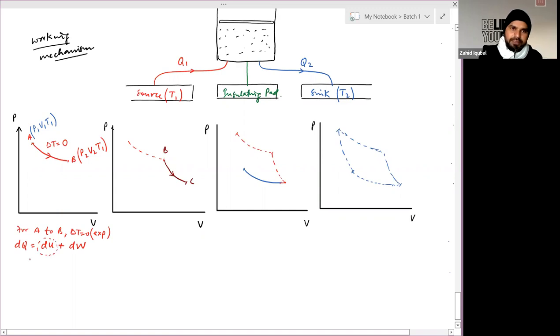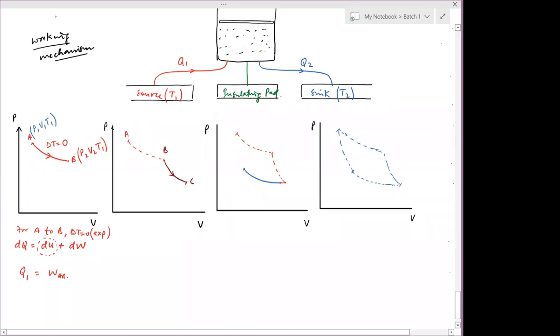So the amount of heat supplied to the system must equal the work done in this part. So Q1 equals work done along A to B. Hamza, is it clear? Yes, sir.